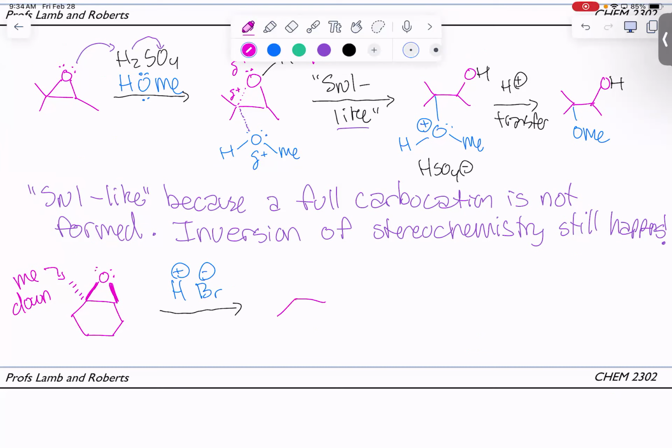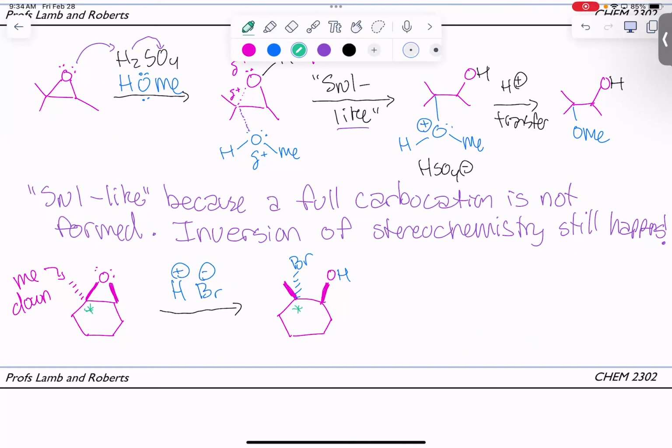We would get inversion of the stereochemistry, which means that on the side that's not being reacted, I would get my OH in the same stereochemistry, but on the side that is being reacted with, I'm going to get my methyl group coming towards us, and my bromide is going back. Right? So this is the stereo center that was inverted.